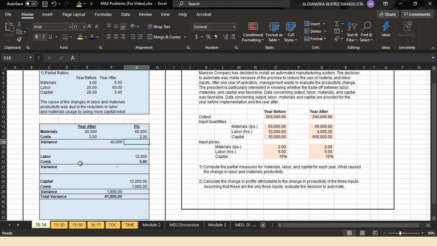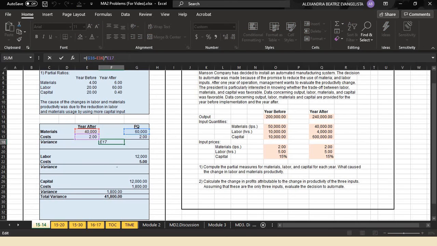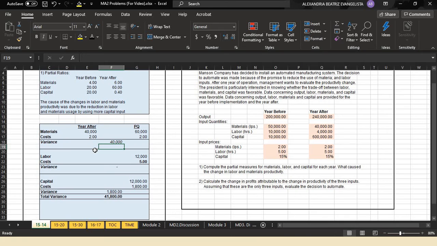So the variance is computed by deducting the units in PQ by the units for the year after, then multiplied by the cost, and that would give us 40,000 favorable. And now let's proceed on to the second input, which is labor.